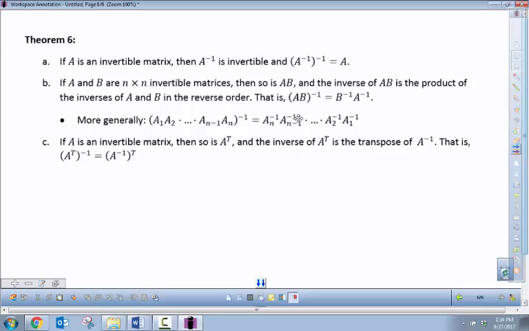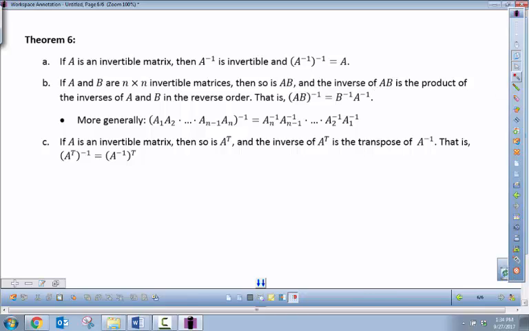The first one is pretty straightforward: the inverse of an inverse is the original matrix. The second one matches the transpose property: the inverse of AB is equal to B inverse times A inverse. So it's the product of the inverses in reverse order.